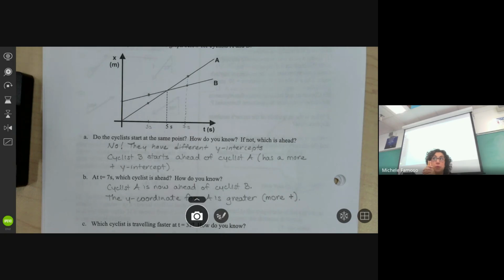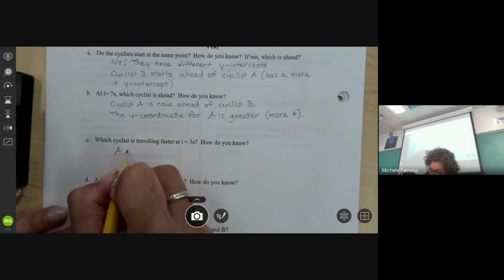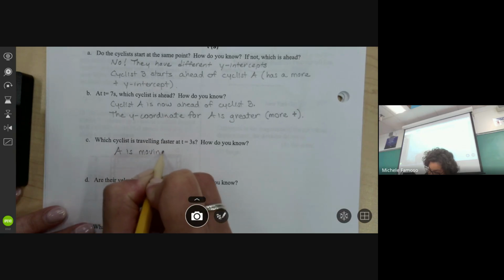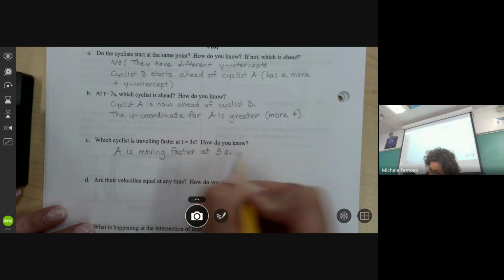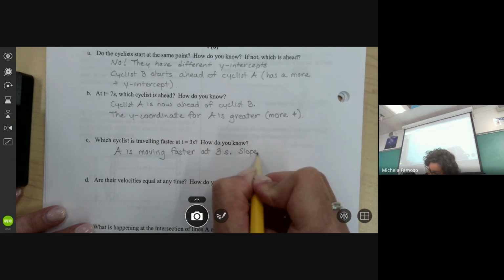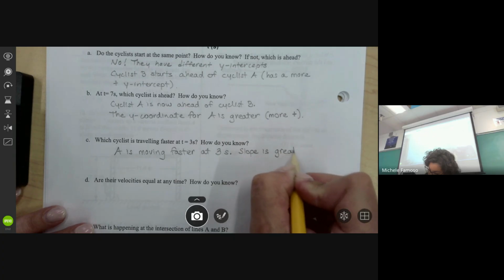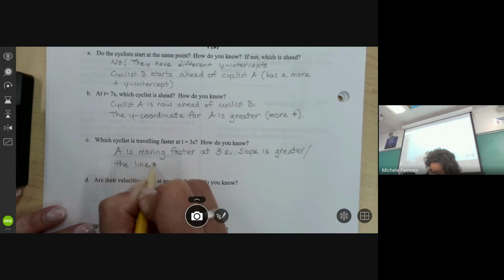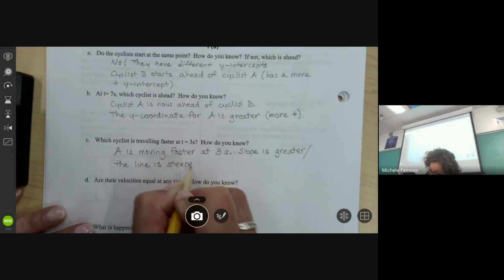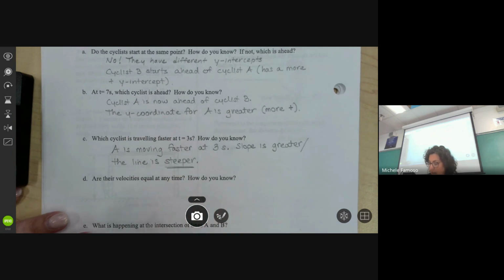Speed is in the slope. Which one is steeper at 3 seconds? A. So that has a greater velocity and therefore a greater speed. It's going faster. So A is moving faster at 3 seconds. The slope is greater, or another way to say that is the line is steeper.